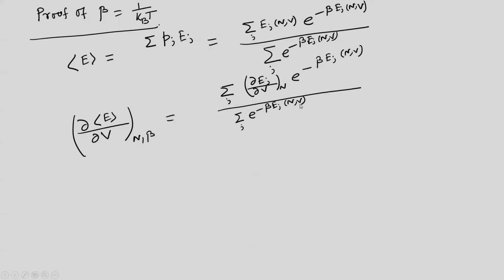So, we are differentiating the first function, Ej, with respect to V. If we do that, we get this expression. Next, we will differentiate e to the minus beta Ej with respect to volume.